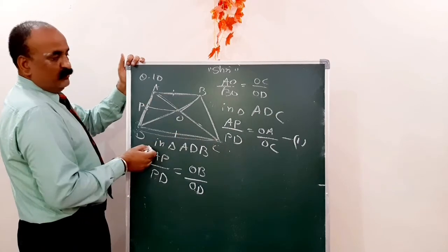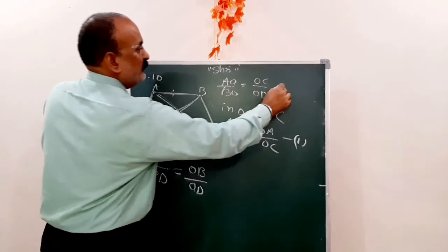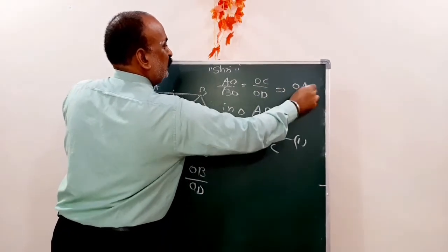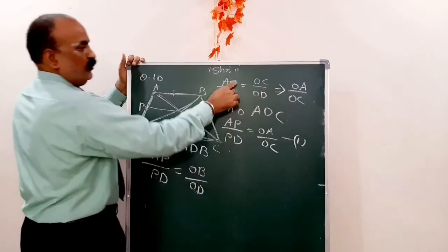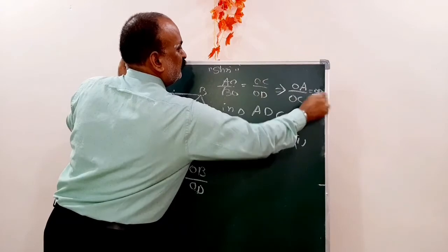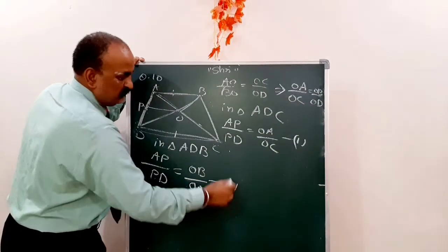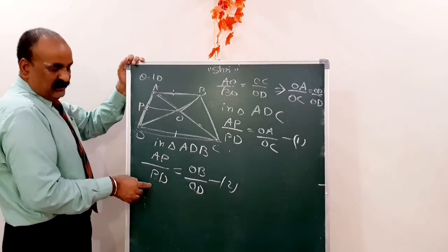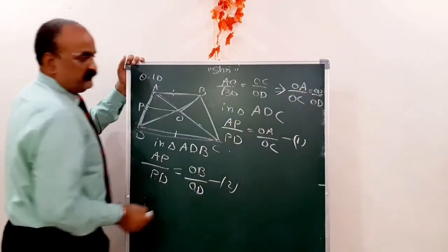You can write here OA upon OC is equal to OB upon OD. और OB upon OD देखो ये नंबर 2. OB upon OD किसके इक्वल है? AP upon PD के. OB upon OD OA upon OC के इक्वल है.